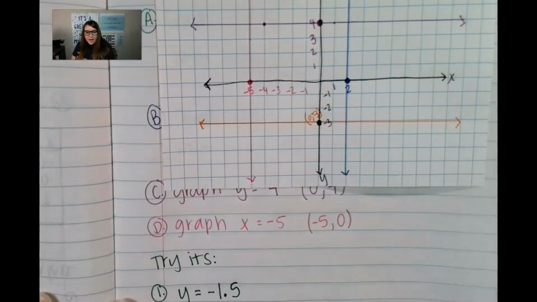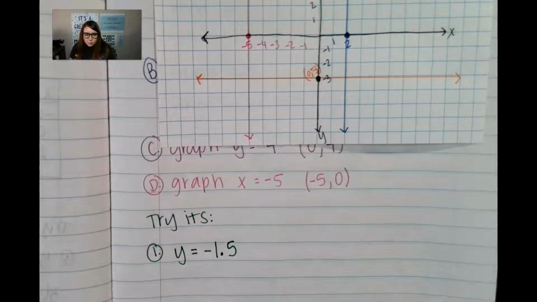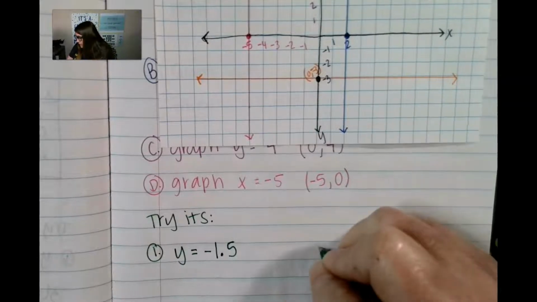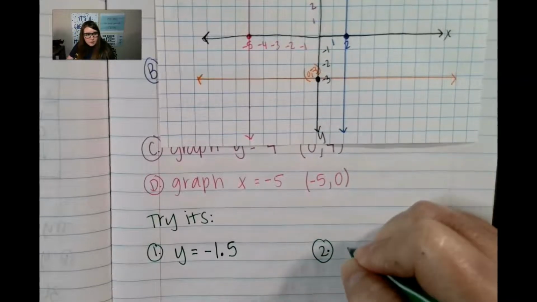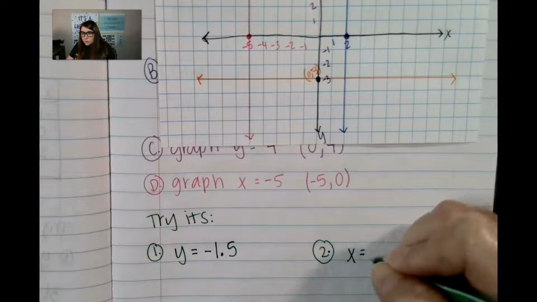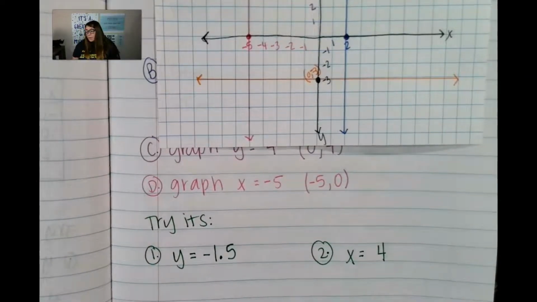Okay, so we're going to do a half because I want to make sure that you have a half number in your examples as well. So give that one a try. So find y equals negative 1.5 on your line. And then try it number 2 says x equals 4. Okay, so go ahead and hit pause right now so you don't hear me solving. And then when you're ready, come on back.